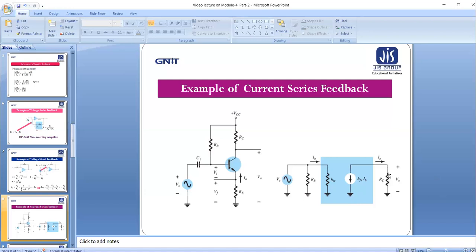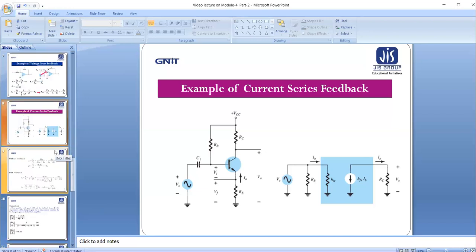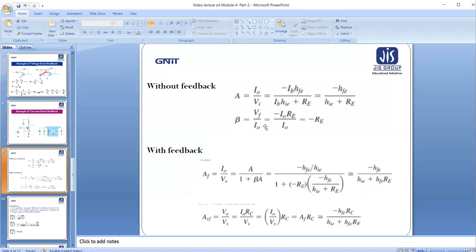Please keep in mind, this is the H parameter equivalent circuit of this CE amplifier when there is no feedback resistor, or we can say when there is a bypass capacitor. But when we have removed this capacitor, there will be some sort of RE resistance, and in that case we have derived the expression without feedback.